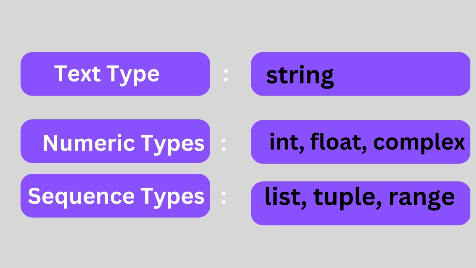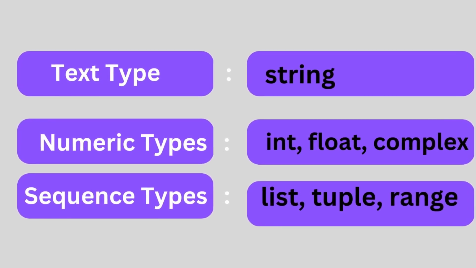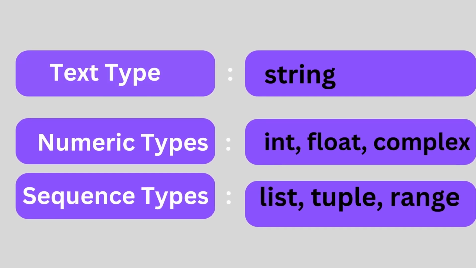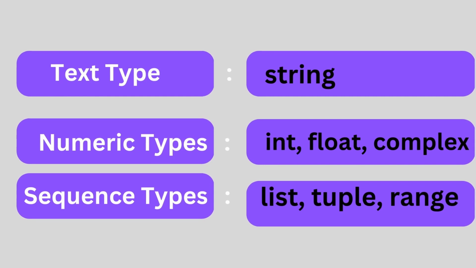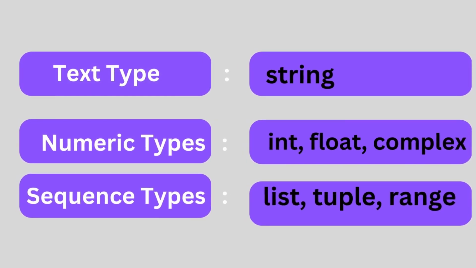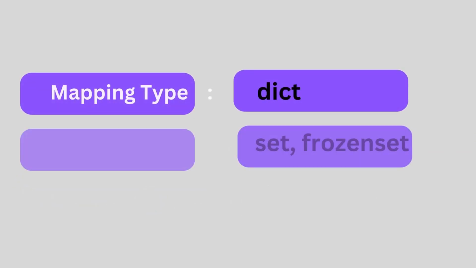We have different types of data. We have text type, which includes strings. Numeric types include integer, float and complex. And we have sequence types, which include list, tuple and range. We have mapping type, which includes dictionary.